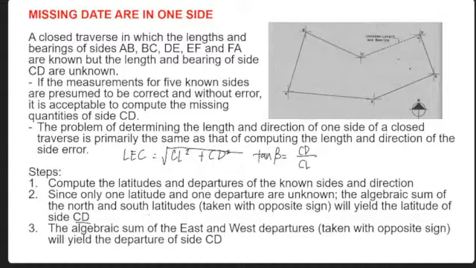Dyan sa example, our summation of north plus the summation of south latitude, algebraic sum, will give us the value of our latitude or the CL of our line, but opposite direction or opposite sign. So for example, if ang answer natin is negative 100 meter for the latitude, this shows that our latitude is on the north direction instead of south.